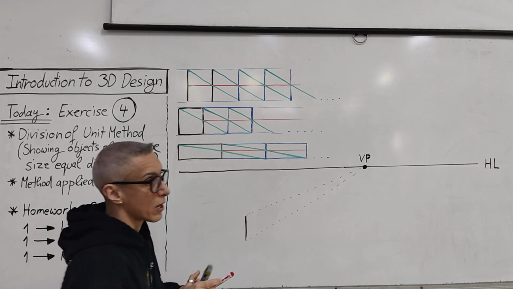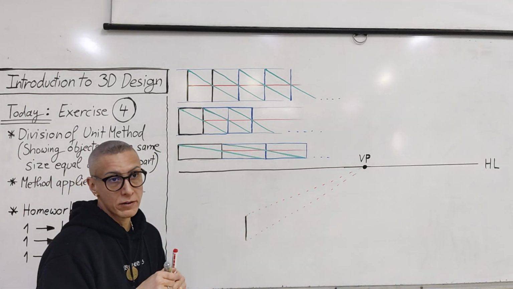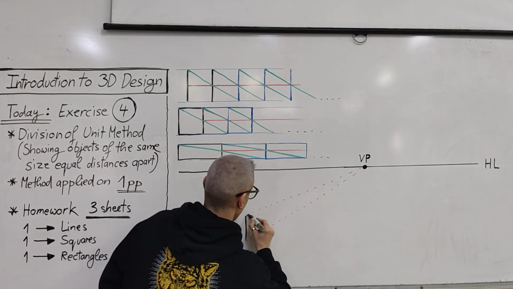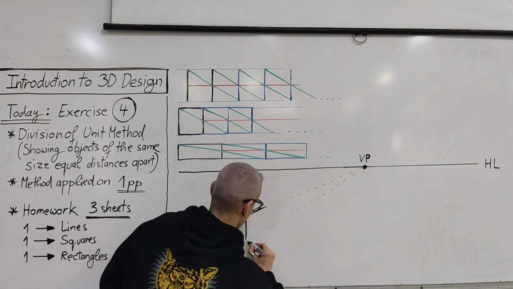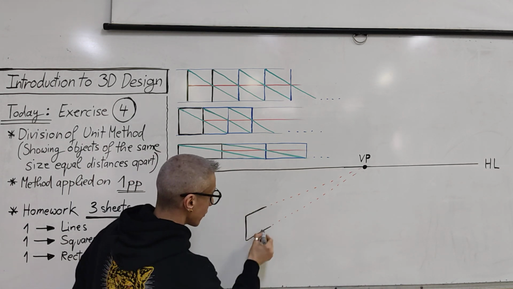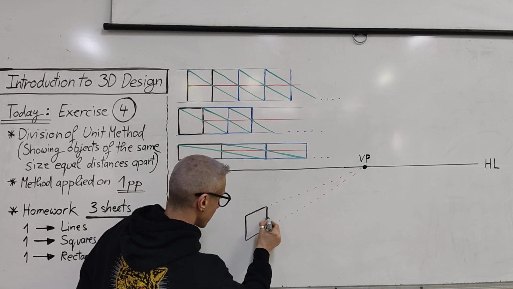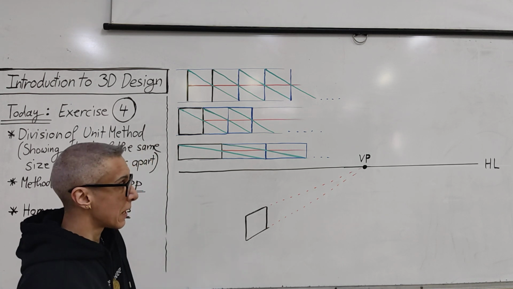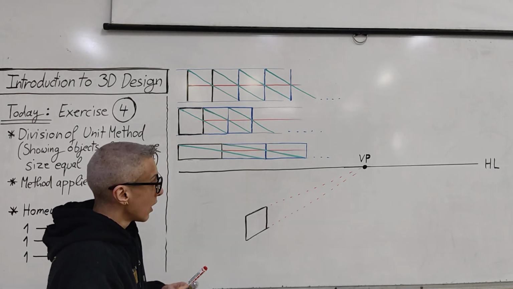Remember, this is a square, a 2D square, not a cube, okay? Don't confuse. So you draw the first edge, and then you decide where to stop. So this is the square in 1-point perspective.